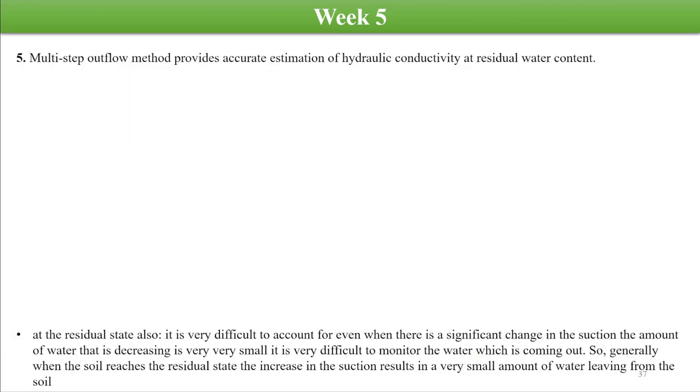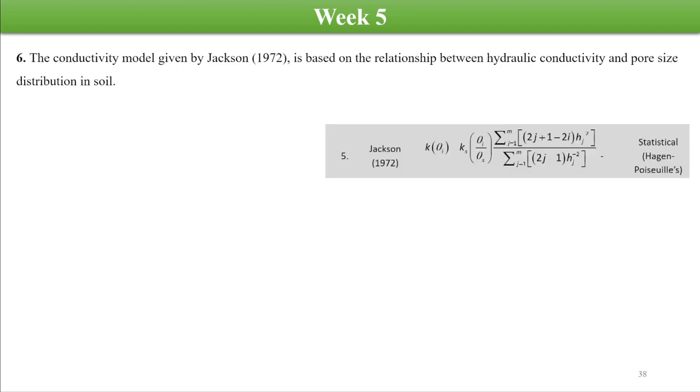So we can say this is not correct, because at the residual state it is very difficult to account for it, even when there is a significant change in suction. The amount of water that is decreasing is very small, and it is very difficult to monitor the water which is coming out. So generally when the soil reaches the residual state, the increase in the suction results in a very small amount of water leaving the soil.